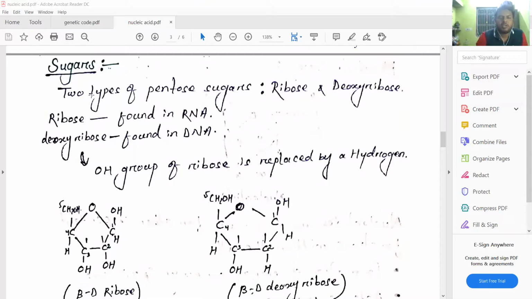Okay. So in case of RNA, in the sugar molecule, a 2' hydroxyl group is there, hence it is called only ribose sugar. In the DNA, a 2' OH group is not there. That's why it is called deoxyribose sugar.